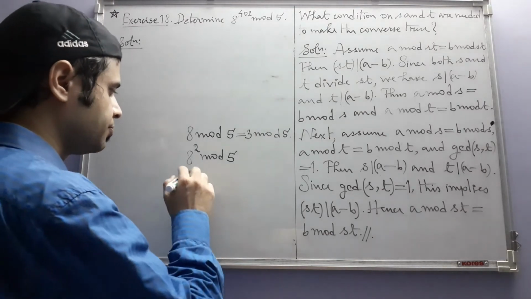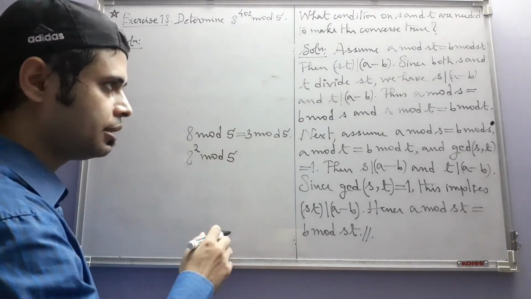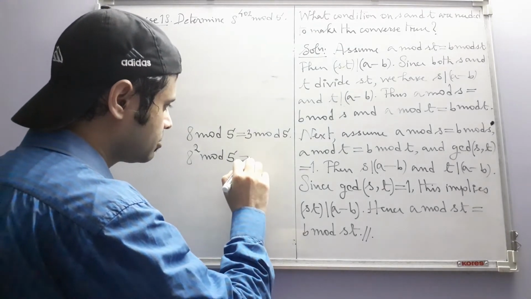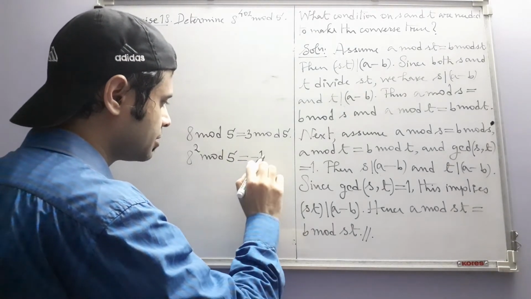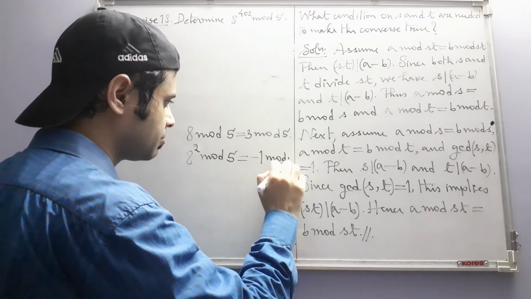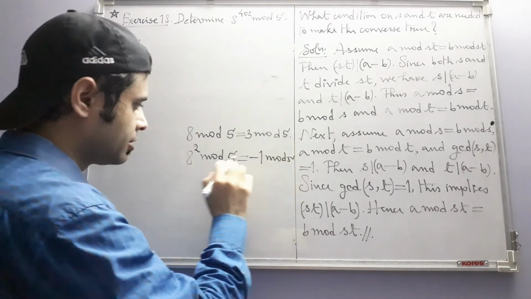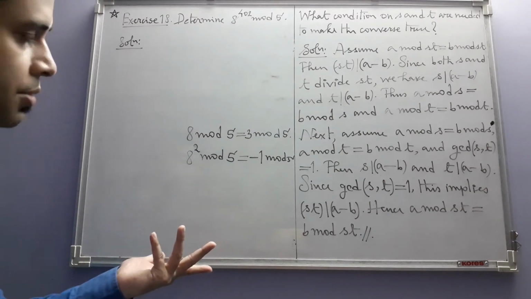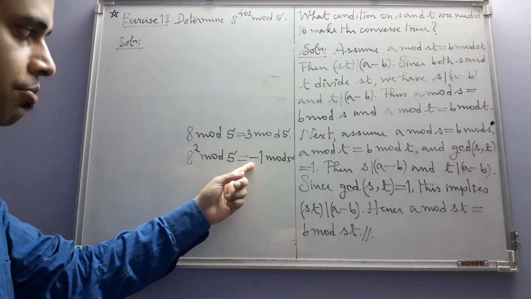That means 8 square plus 1 is divisible by 5. In other words, 8 square mod 5 is equal to minus 1 mod 5, because now the difference is 8 square plus 1, which is 65, but that is divisible by 5. So here we have minus 1.